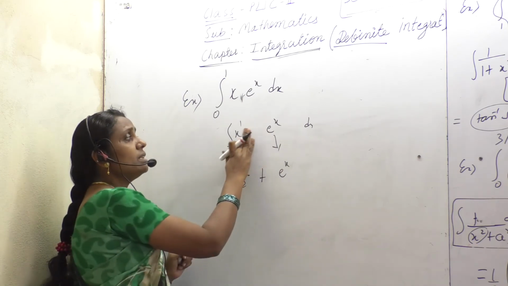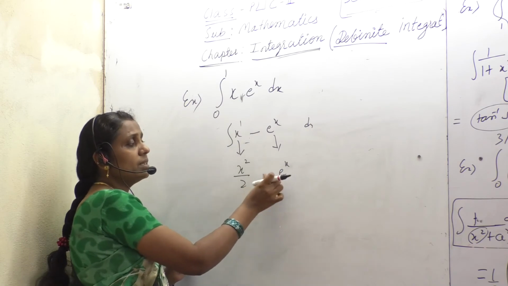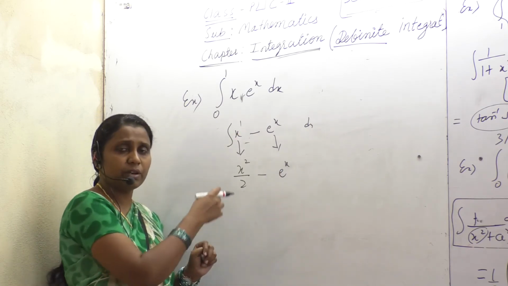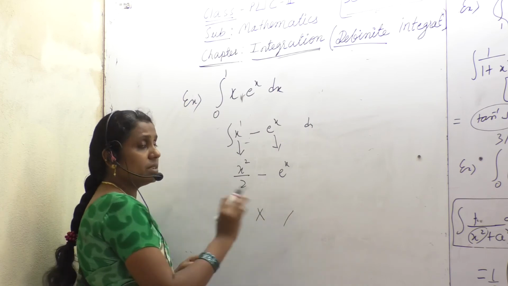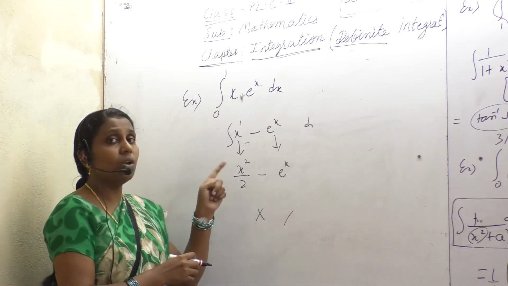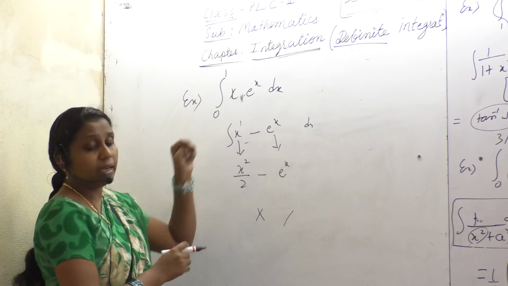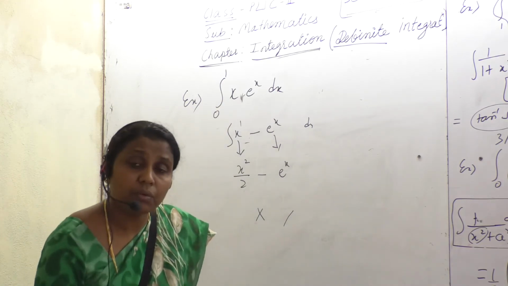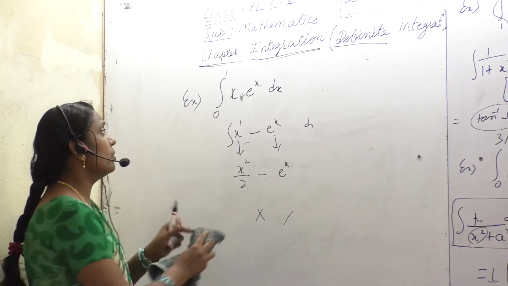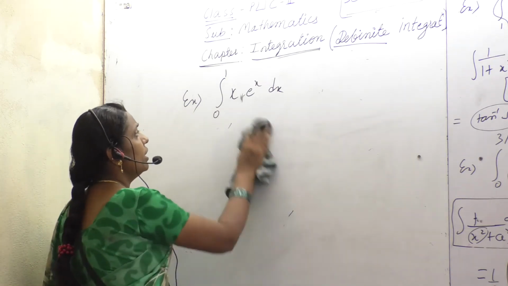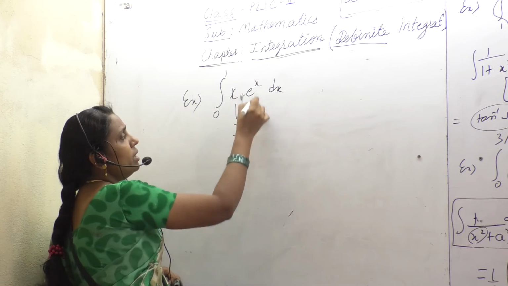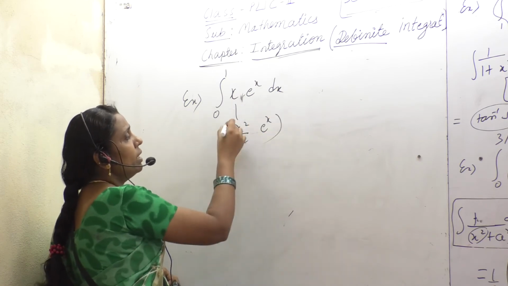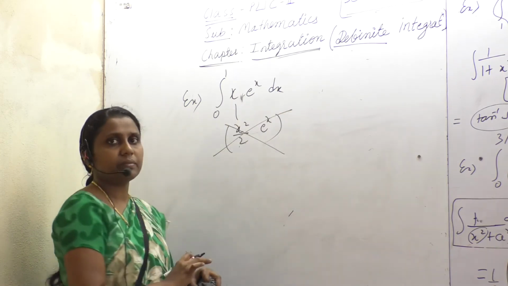If it is a minus sign in between, you can also integrate separately. But if multiplication or division is in between, you are not allowed to integrate separately. If you write the integration of x as x square by 2 and the integration of e raised to x as e raised to x, this is wrong.